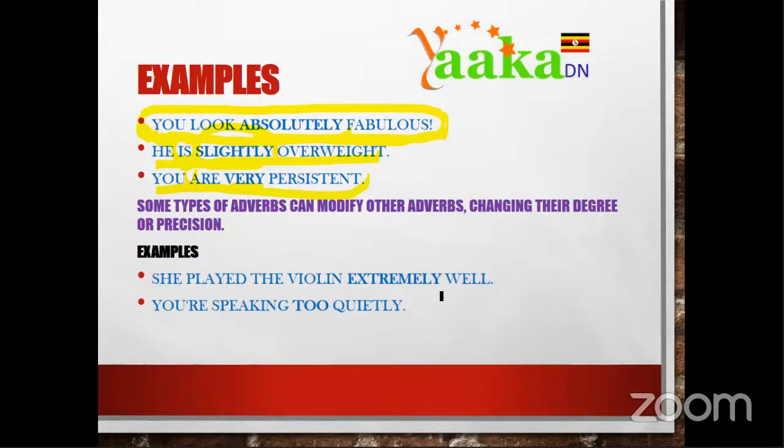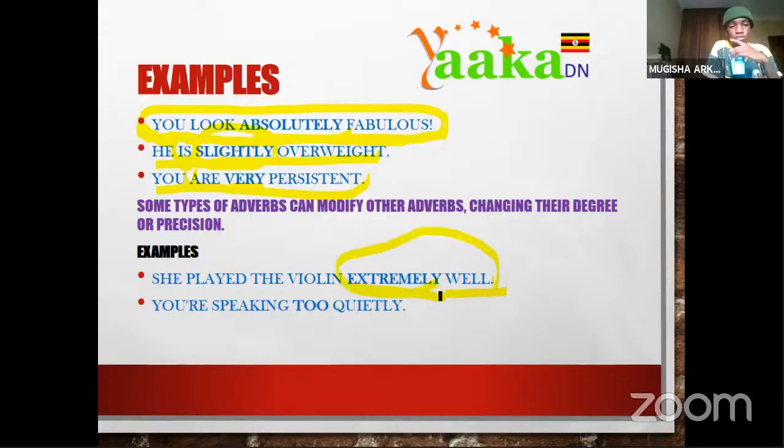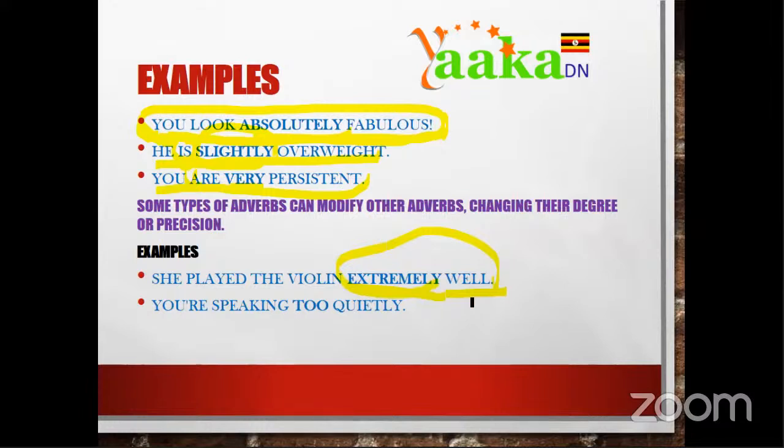In here, the word extremely is an adverb, and the word well is an adverb. So an adverb can also be used to modify an adverb, and it changes its degree from less to high.